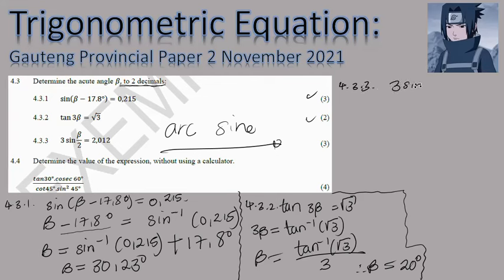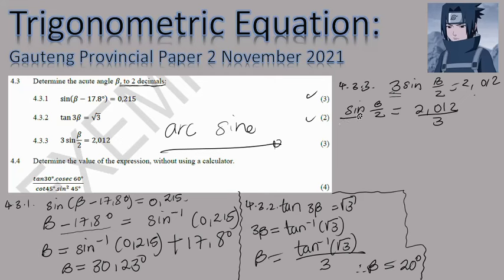So here I have 3 sine beta over 2 is equal to 2,012, right? So first things first, I need to remove the 3 independently. That's going to give me the sine of beta over 2 is equal to 2,012 all over 3. Now the 3 went to the other side by division, right?